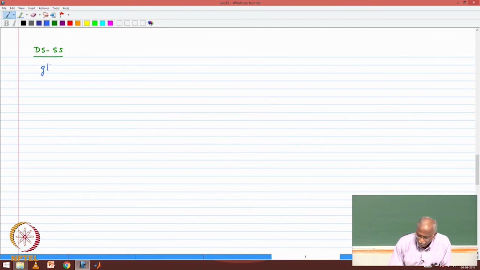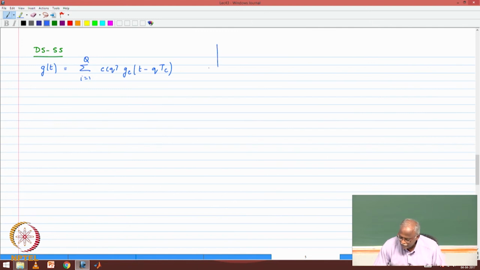We say that the shape that will be used for representing a symbol is not a single pulse, but a combination of Q pulses: the sum over q equal to 1 through uppercase Q of c_q g_c(t - qT_c), where g_c has this waveform, 1 over root T_c, up to T_c, and these c_q belong to plus or minus 1.